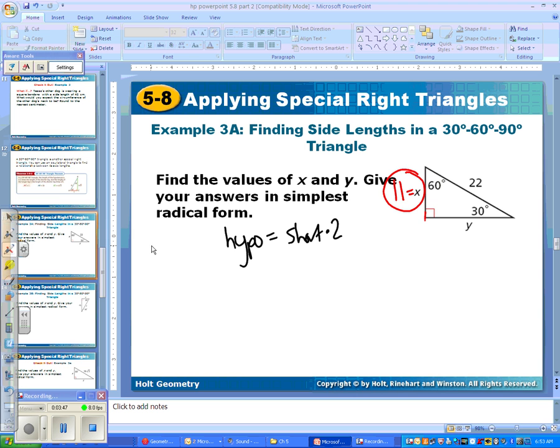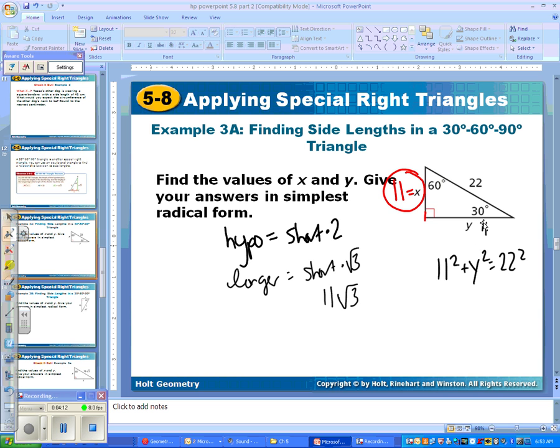So shorter leg, check. From here, once you get here, you can use Pythagorean theorem. You could say 11 squared plus y squared equals 22 squared and figure out what the longer leg is. If you want to use the shortcut, remember the longer leg equals the short leg times radical 3. So once you know that it's 11, all it is is 11 radical 3.